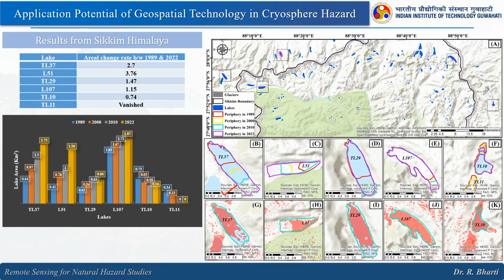So here you have the example of change in the glacial lake area over the time. We have studied from 1989 to 2022, and we have seen some of the lakes have changed their shape and size over the time, and it is because of the change in the weather condition, particularly in this particular region, right.